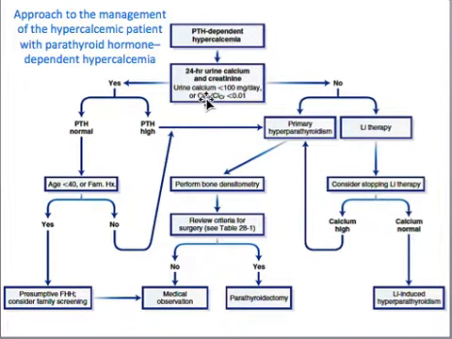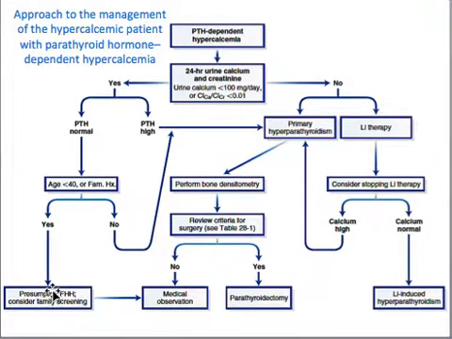If the urine calcium is less than 100 milligrams per day, meaning you have hypocalciuria, and the PTH is normal, and the patient is relatively young, age less than 40, or has a family history of hypercalcemia, then you can say the patient has FHH.